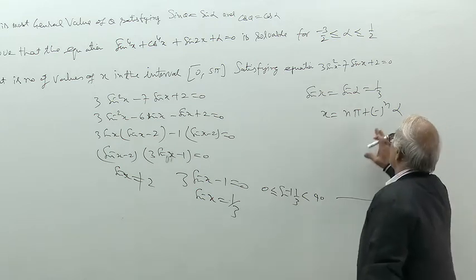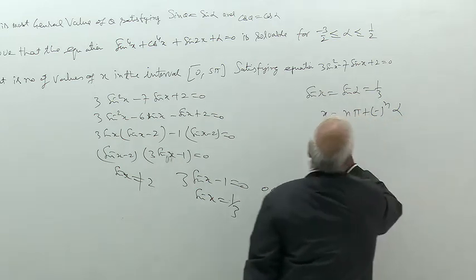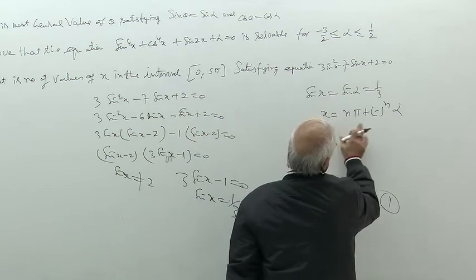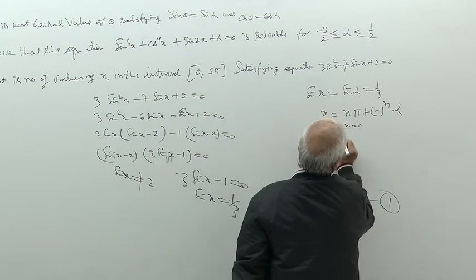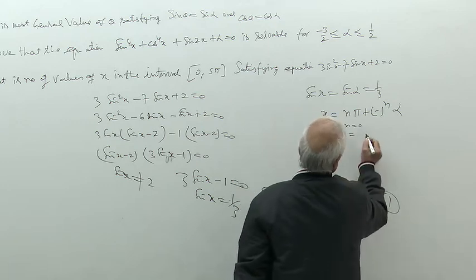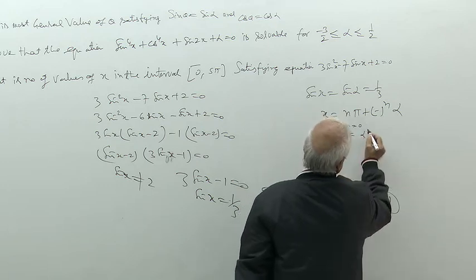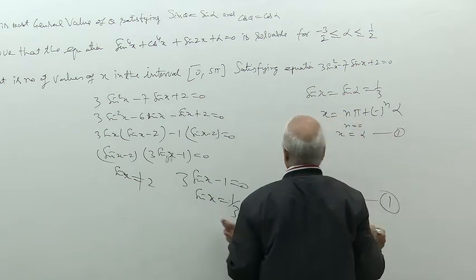Now you see what is the value of x. Put n is equal to 0, we get x is equal to alpha. This is the first value we have written here.